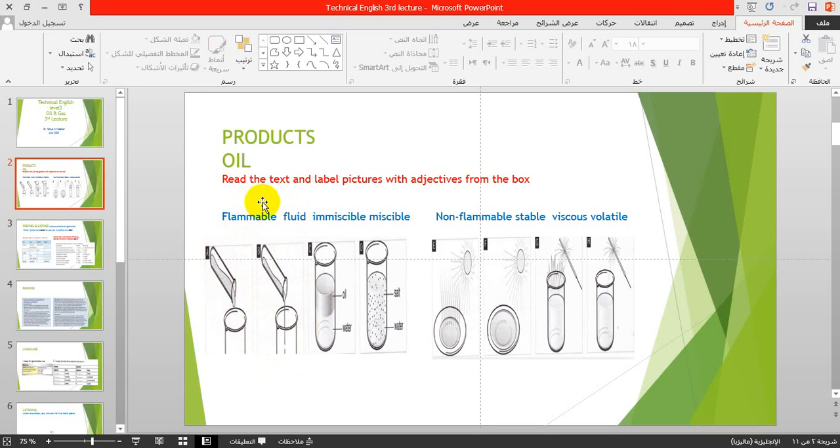And look, number one, flammable. Flammable here, I think it's viscous, okay? Oil and water. So this is viscous.